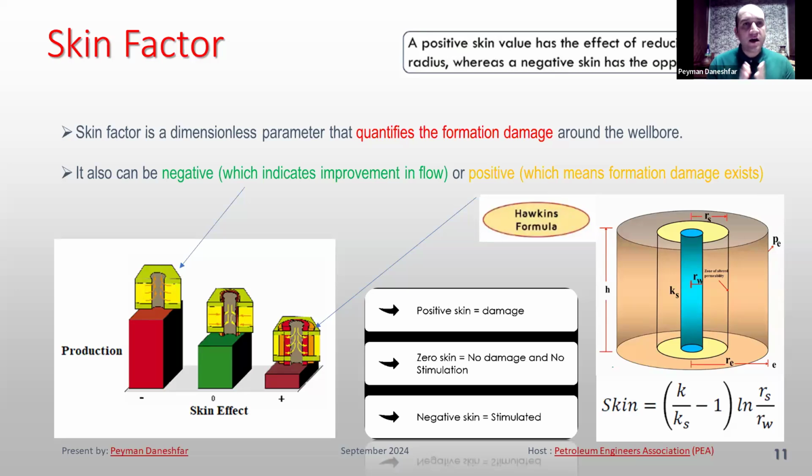You can see the Hawkins formula, the important formula about the skin factor. I will talk about the skin factor in my workshop. I think maybe in November we will talk more about the skin factor of the perforations and more and more.